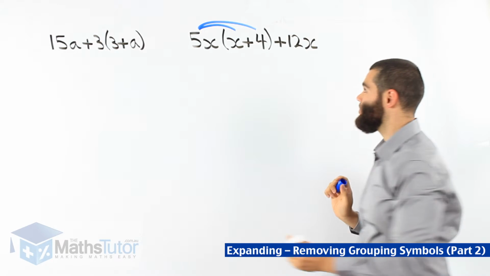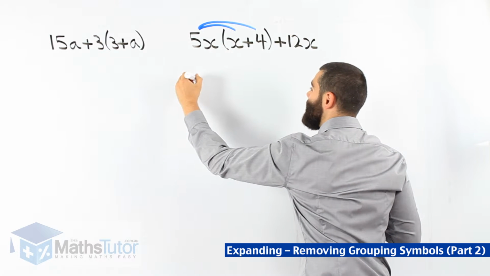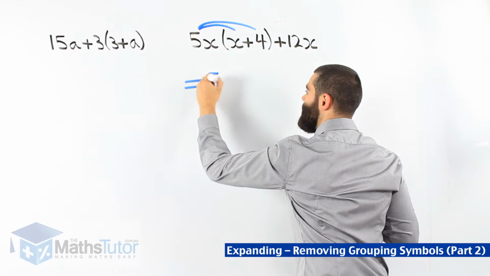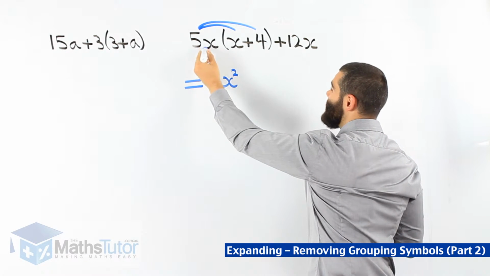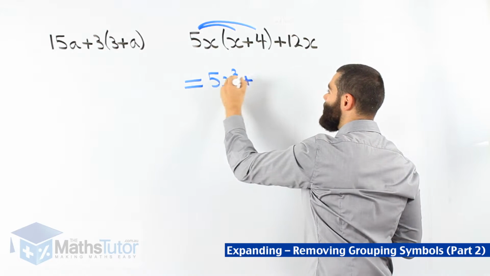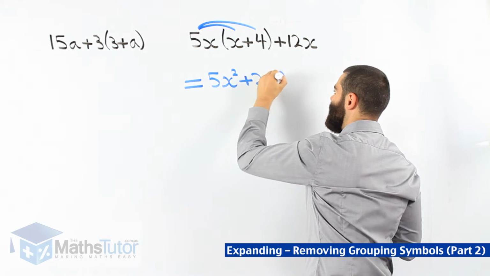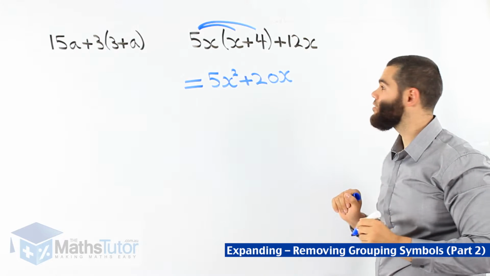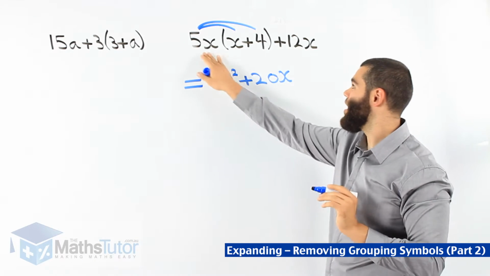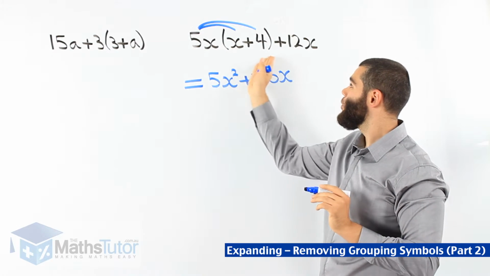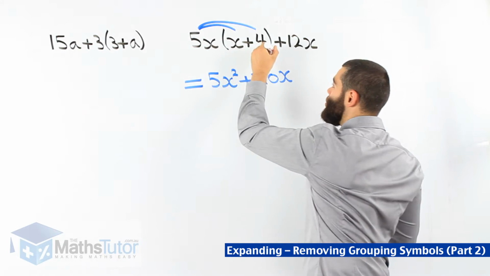Let's do that. 5x times x is 5x squared. Then 5x times 4, 5 times 4 is 20x. We've multiplied what's inside the brackets. We have now expanded this portion.